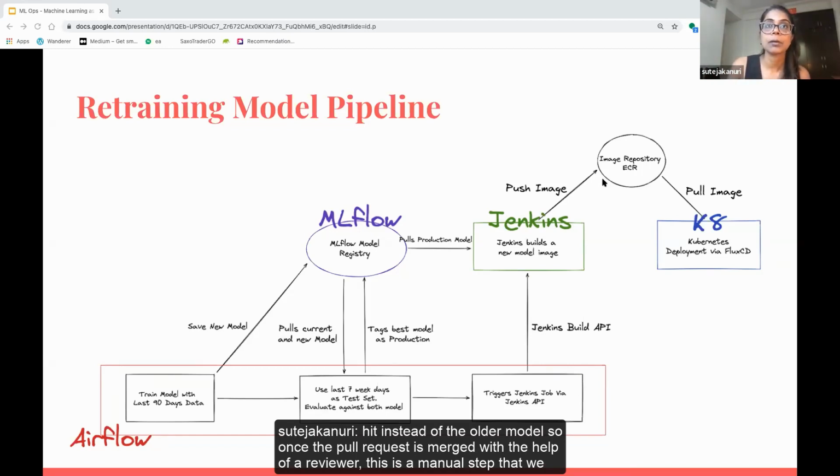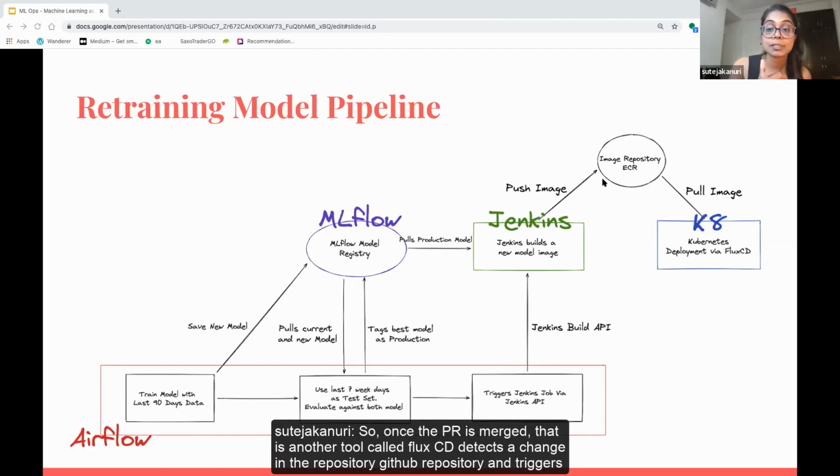So once the pull request is merged with the help of a reviewer, this is a manual step that we have ensured to keep so that every reviewer is responsible.